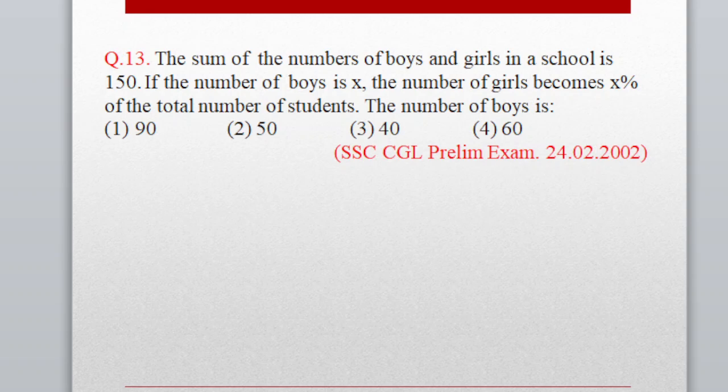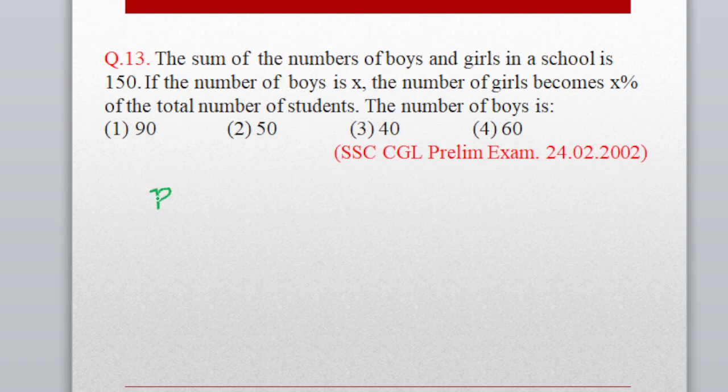Question 13. The sum of the numbers of boys and girls in a school is 150. If the number of boys is x, the number of girls becomes x% of the total number of students. The number of boys is dash. Now listen here.